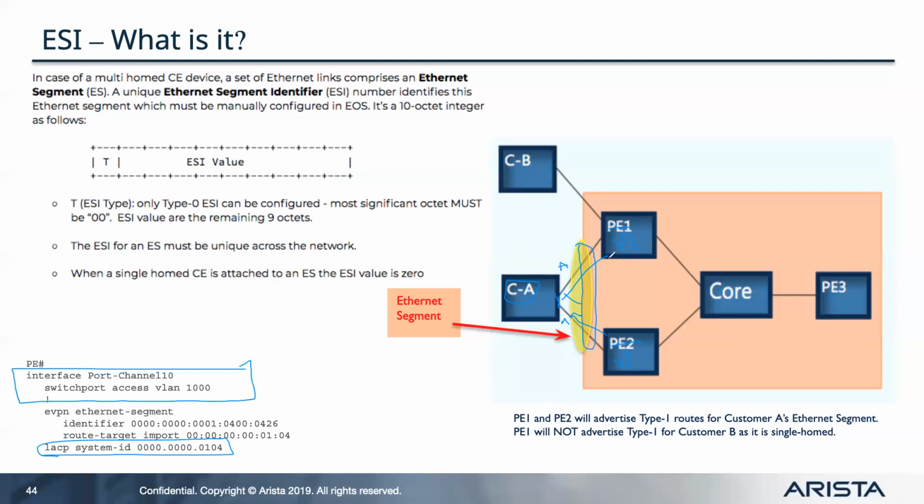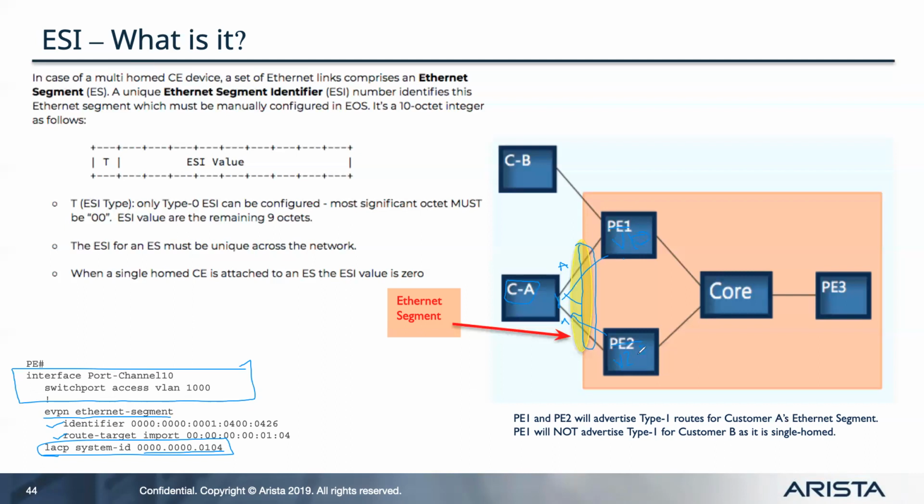But if you configure without MLAG, then you need to add this further configuration. You have to go to EVPN Ethernet segment. You have to configure the identifier, route target, which I will discuss, and also the LACP system ID, which is this. So basically you are configuring this here, and the same here.